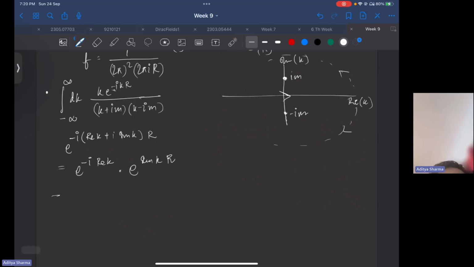So I'll change this into a contour integral. I won't do any variable change, I will write it as k still.